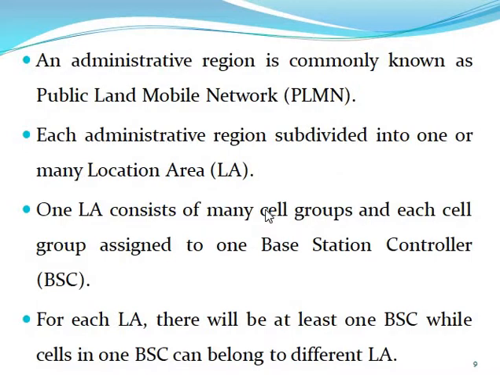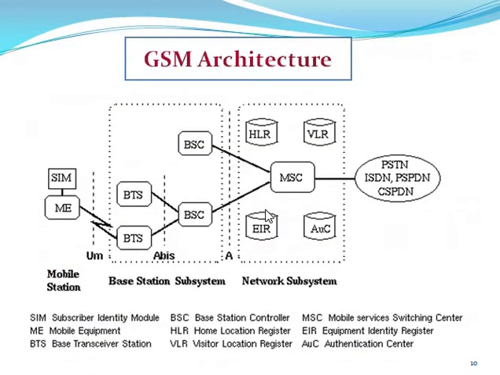So this is all about GSM technology. Now we can show the GSM architecture. We can show what the BTS and BSC are and how they communicate with each other. So now the GSM architecture: the BTS is connected to the BSC, and a number of BSCs are connected to the MSC.